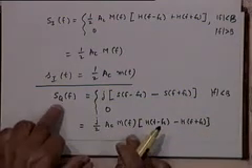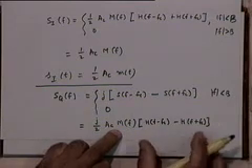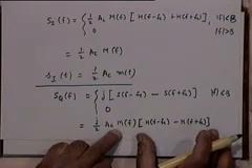So that means this signal S sub QT is obtained by passing the message signal MT through a filter with this transfer function.